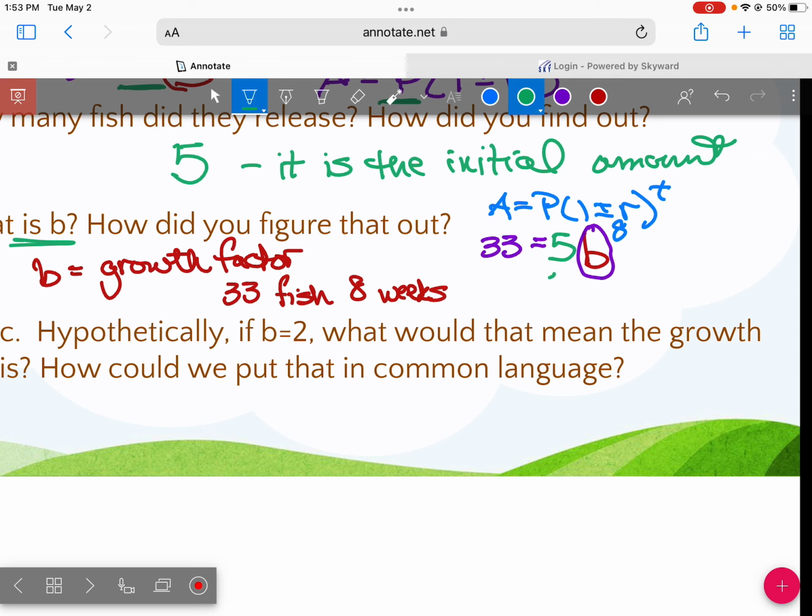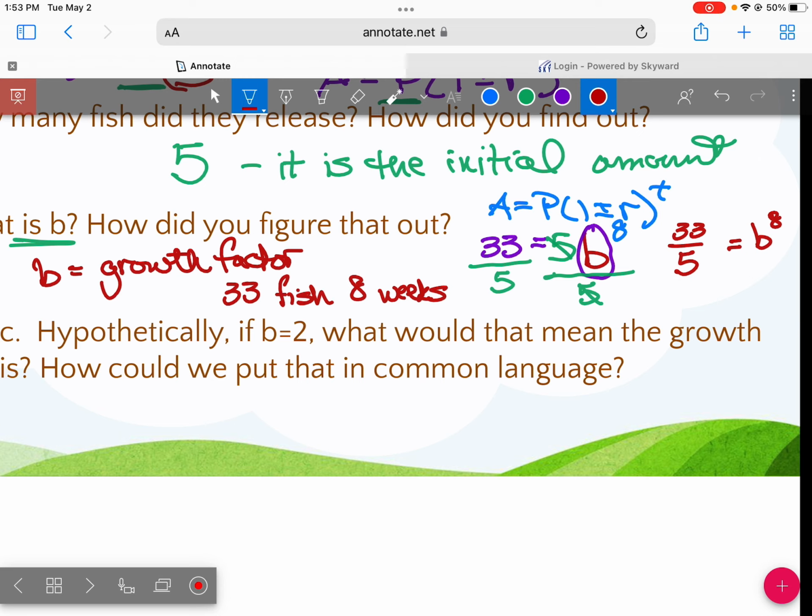Divide. Yes, I'm going to divide by what? Divide by 5. 5's cancel out on the right. Divide by 5 over here. I'm going to rewrite this over here. I have B to the 8th power is equal to 33 divided by 5. And I'm going to leave it like that.